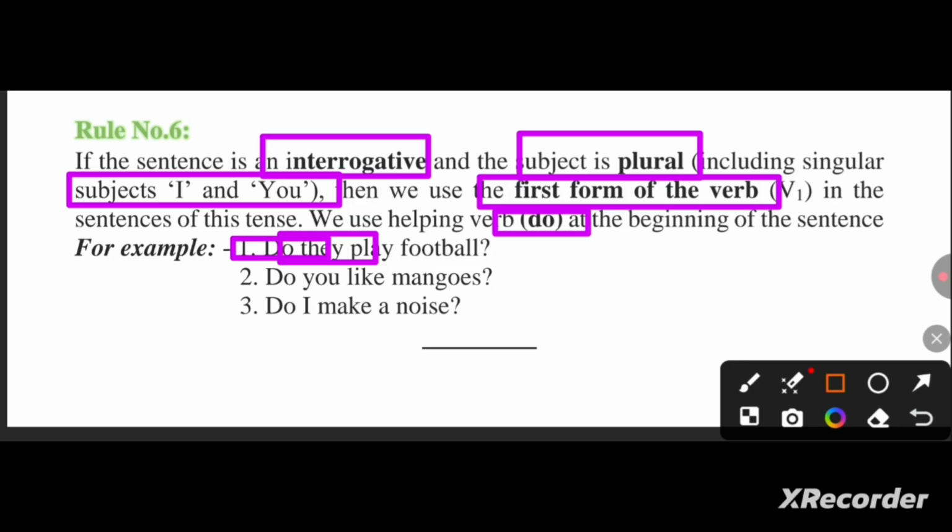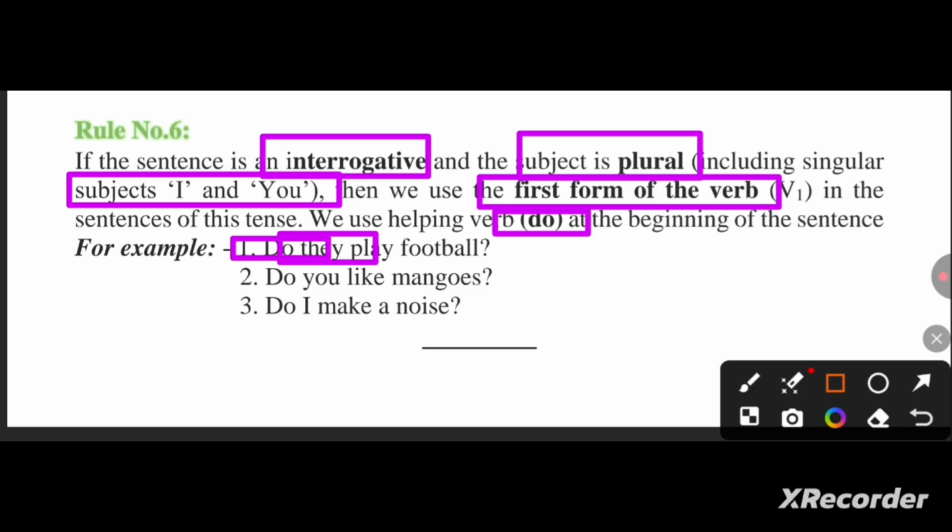In the second and third sentences, even though the subject is singular, that is you or I, we have to apply the same rules that we use for the plural subjects.